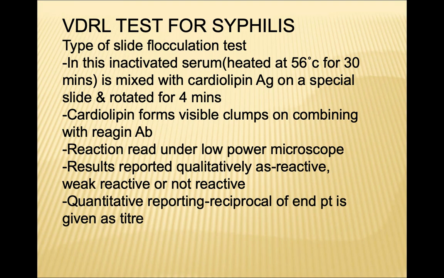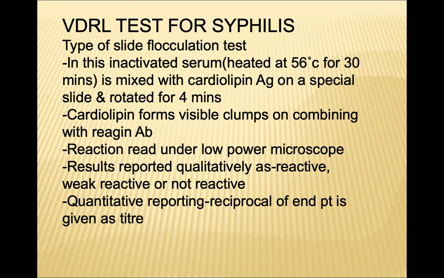Coming to the VDRL test, VDRL stands for Venereal Disease Research Laboratory. This was the place where it was first developed, and this is the most commonly used test. The method is that the patient's blood is drawn, the serum is separated out and inactivated by heating at 56 degrees Celsius for 30 minutes.